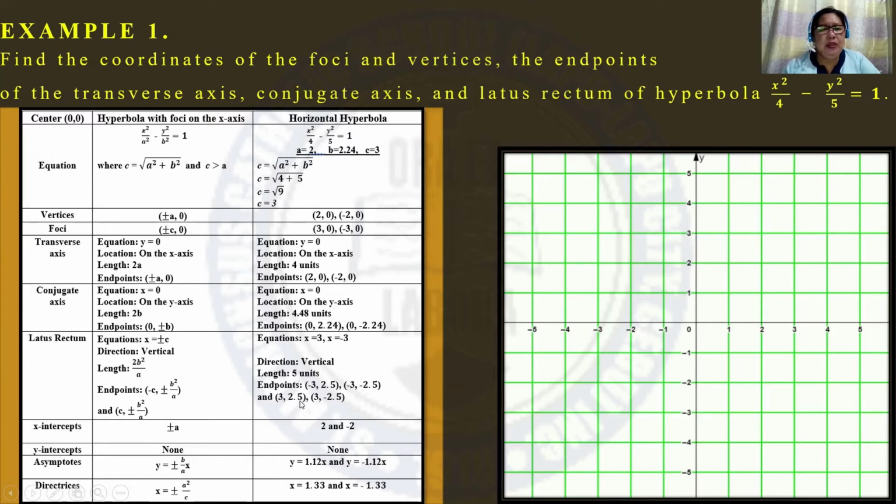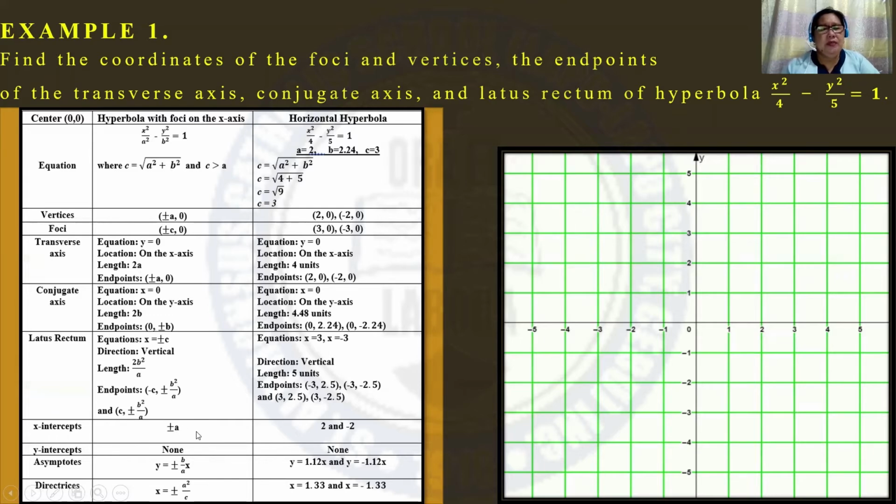And for the endpoints, just simply substitute the values of c, b, and a and simplify. Then what we have is negative 3, 2.5, negative 3, negative 2.5, and 3, 2.5, and 3, negative 2.5.